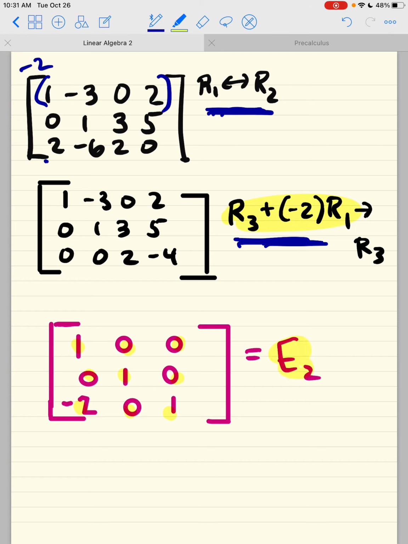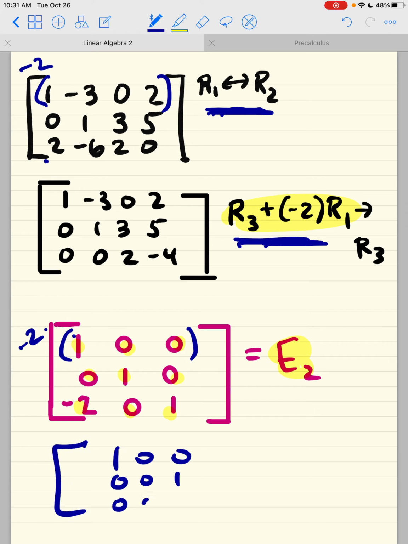So you're going to multiply this by negative 2 and combine it to row 3. So negative 2 times 1 plus the 0 from the identity, right? I hope everybody sees that.